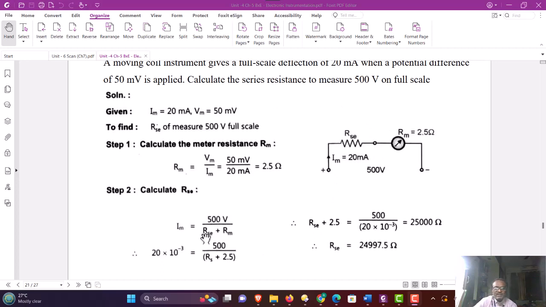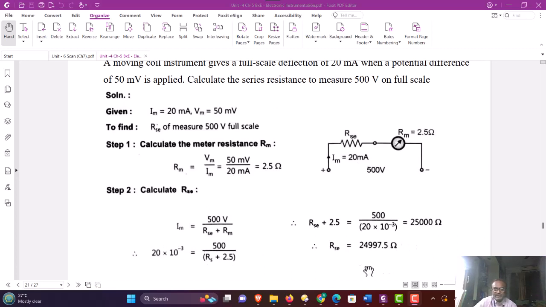So we can calculate the values of series resistance by Ohm's law. Voltage divided by total resistance. Total resistance is RSE plus RM, across which 500 volt is applied, and current flowing through is IM. So therefore IM is 500 divided by RSE plus RM. Here RM is given 2.5 ohm and IM given is 20 milliampere. So take RSE on the left hand side.